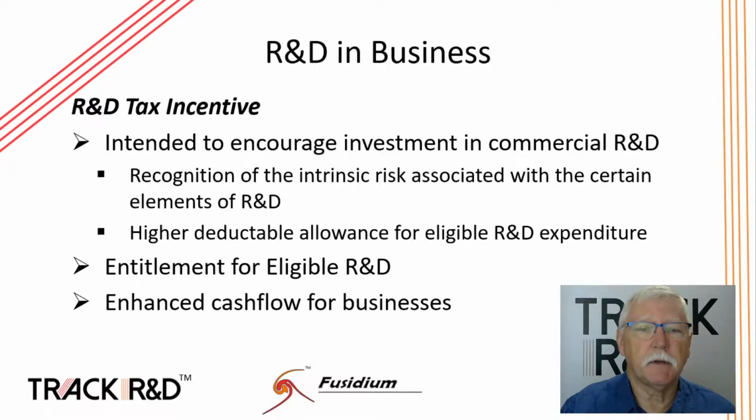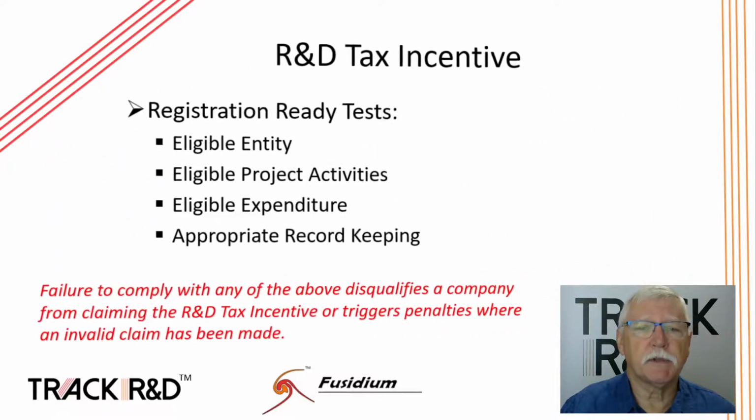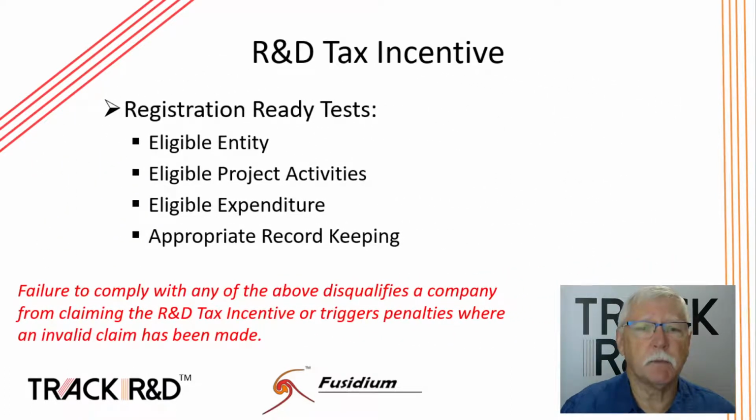As an entitlement, there are a number of requirements that you need to meet to be eligible to claim the R&D tax incentive. These are to be an eligible entity. For simplicity in this presentation, generally that means that you are a proprietary limited company or a limited company registered within Australia. You have to undertake eligible project activities and have eligible expenditure, and these two elements are interlinked.